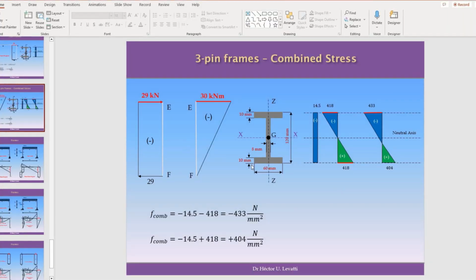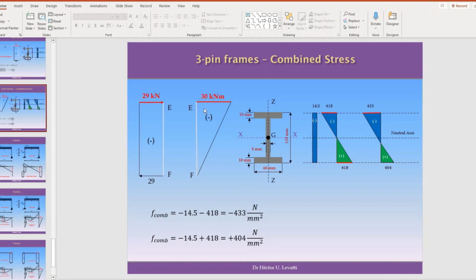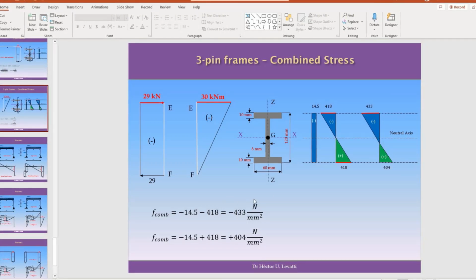So in the column EF to the right of the frame, what we have is a combination of compression of 29 kilonewtons as an internal force and a bending moment that is linearly distributed from 30 kilonewton meters on top to 0 at the bottom of the column.